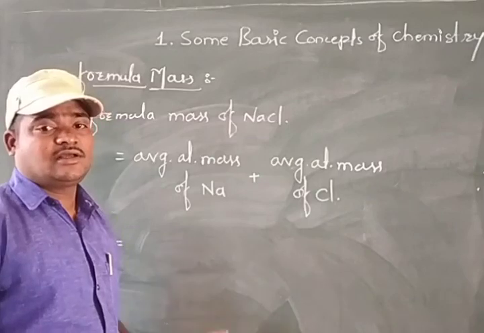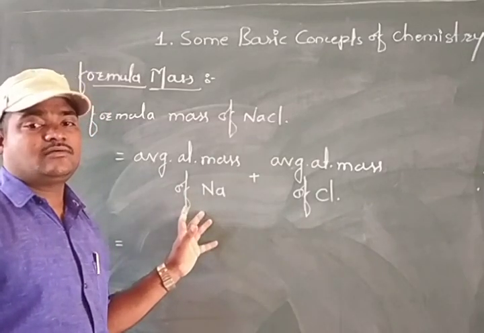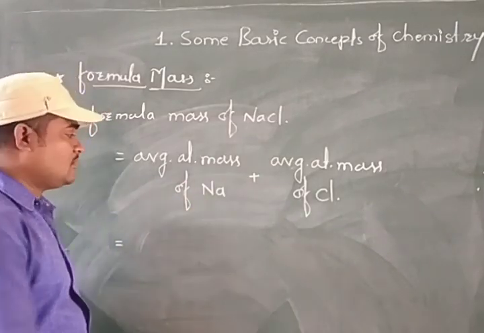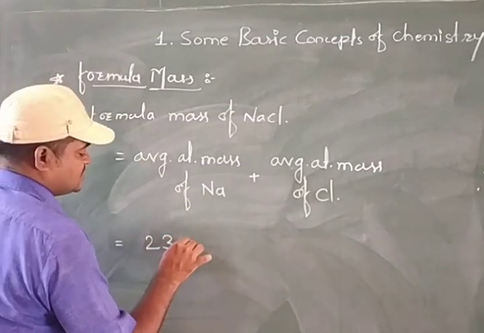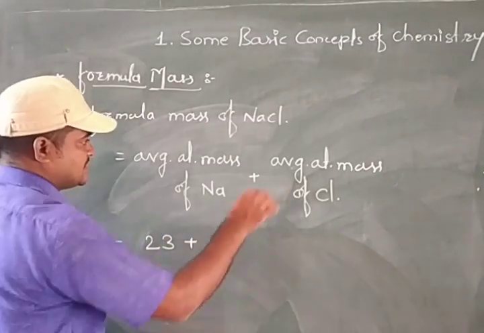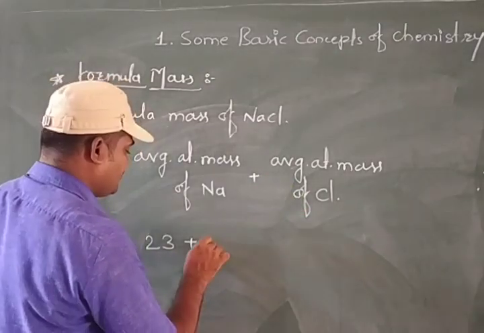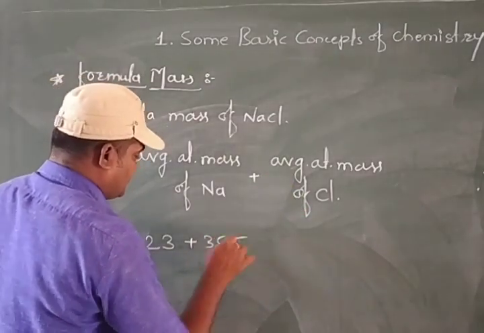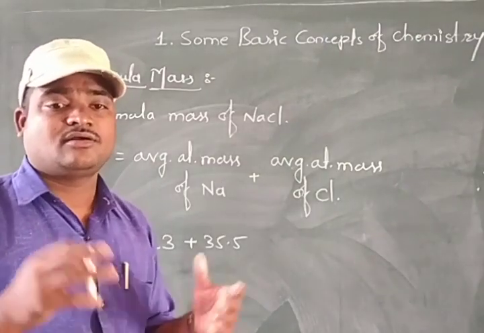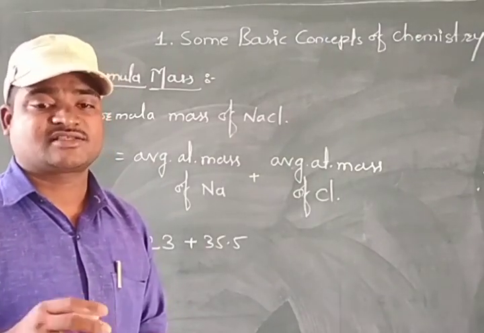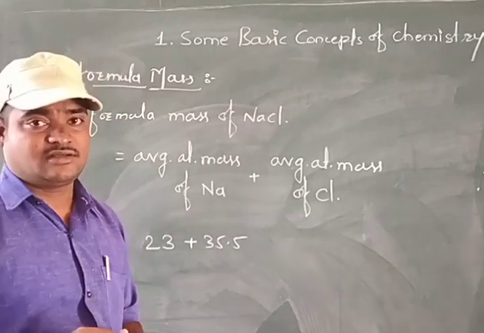Now students, the average atomic mass of sodium will be 23 and that of chlorine will be 35.5. We just add these numbers. By this simplest addition, you will get the formula mass for NaCl.